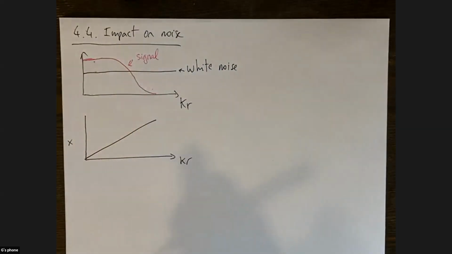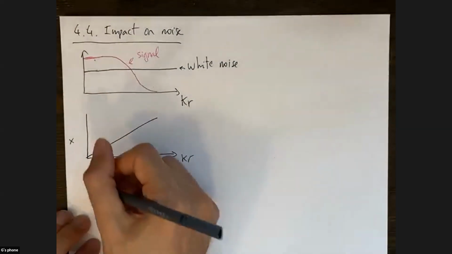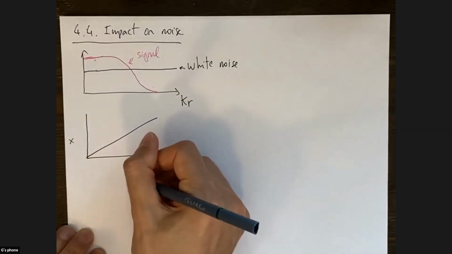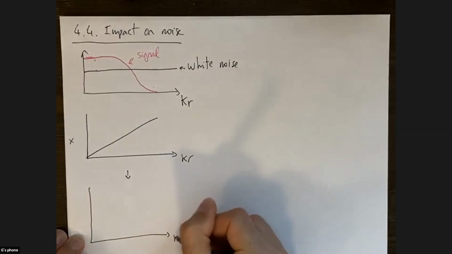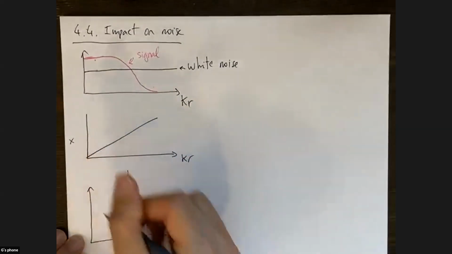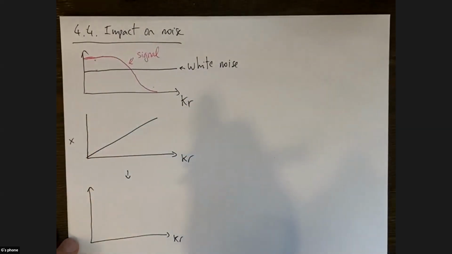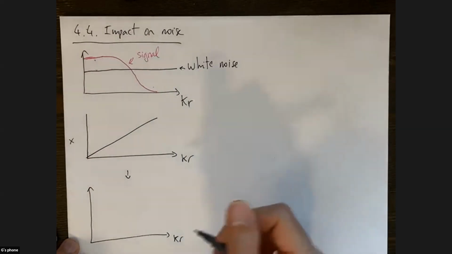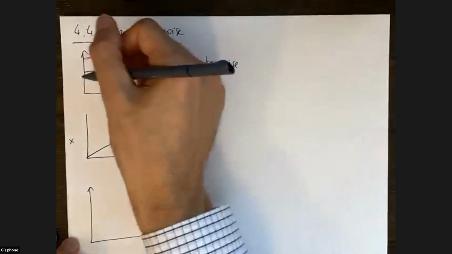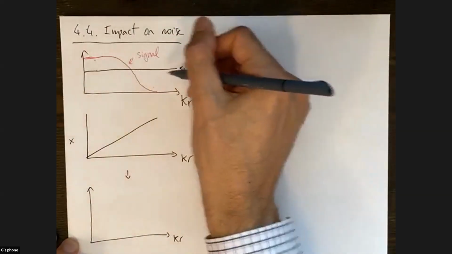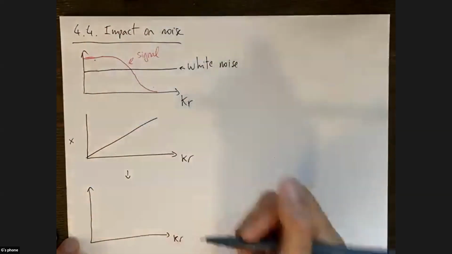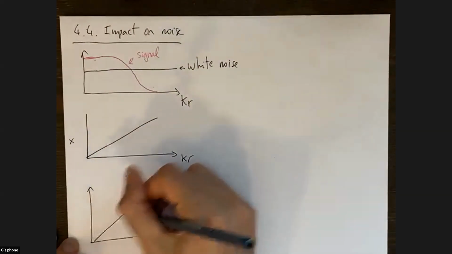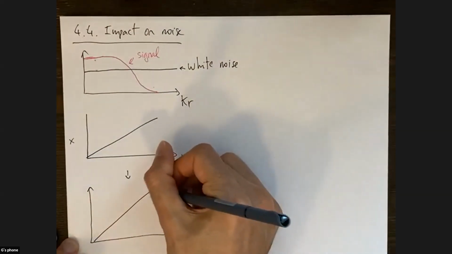When we multiply those two things together, it will give us this here. What it will give us is, for the noise, we're multiplying something that's flat with the ramp. So it's uniform versus ramp, it's going to give us a ramp. So this is going to be the noise.